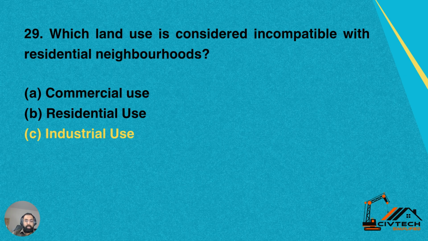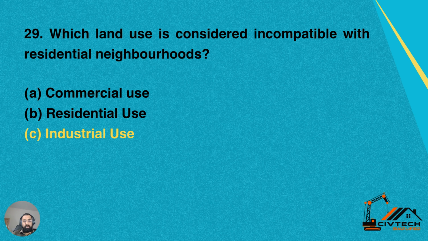Question number 29. Which land use is considered incompatible with residential neighborhoods? Within a town, there are different zones. Among them, some would be residential zones, commercial zones, educational zones, and industrial zones. Which is considered incompatible with a residential neighborhood?